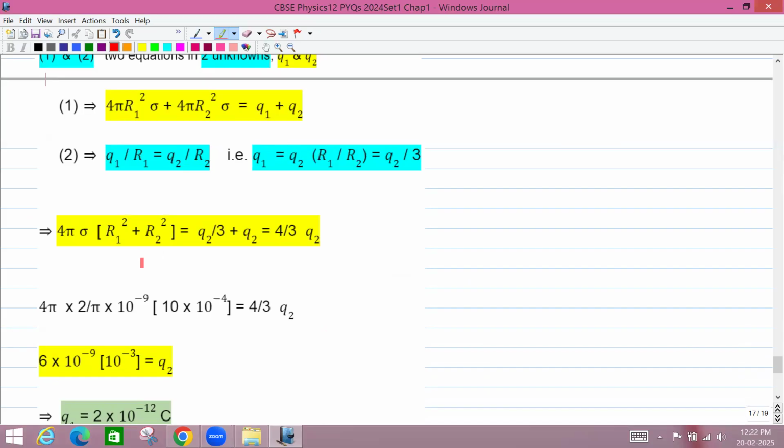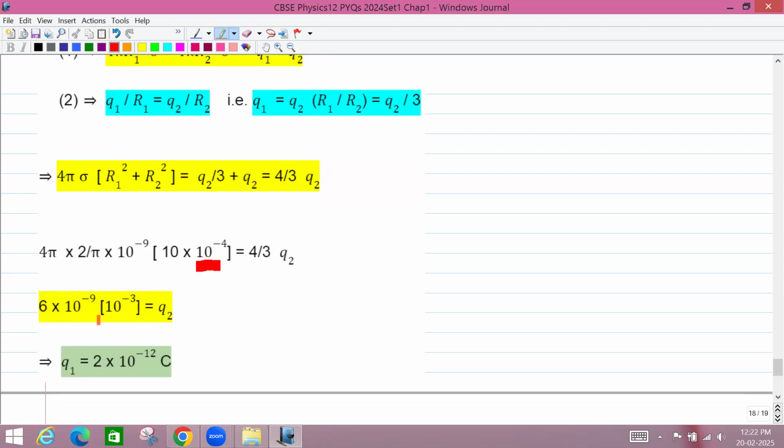Converting centimeter square to meter square, I get this factor of 10 to the minus 4. From this we get the q2 value, but the question asks for the final charge on the first sphere. So q1 is q2 by 3, and this divided by 3 is 2 into 10 to the minus 12.